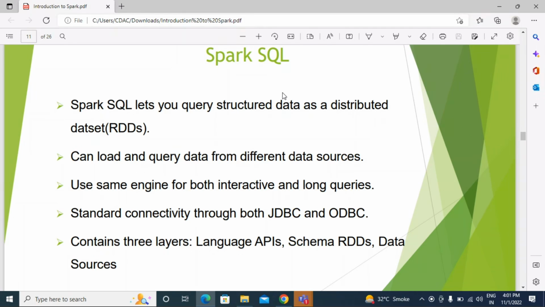There also Spark SQL is helpful because you don't need to learn some other language readily. Spark SQL has an environment which can support your SQL queries and the processing of your structured data.